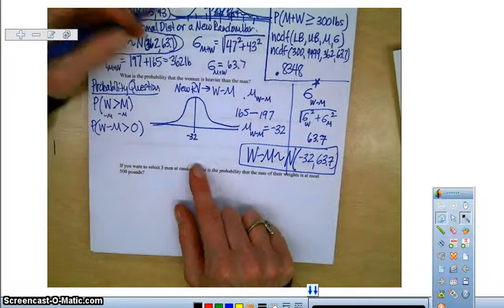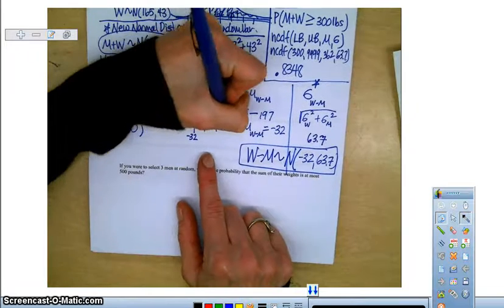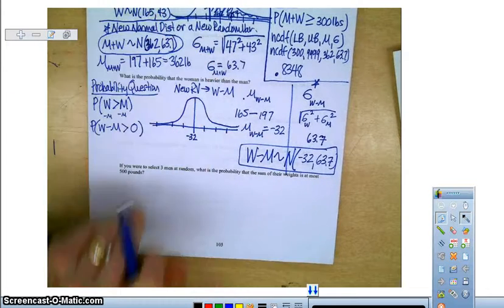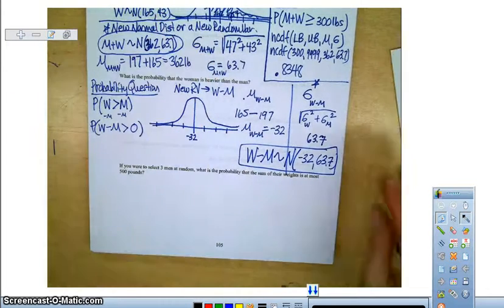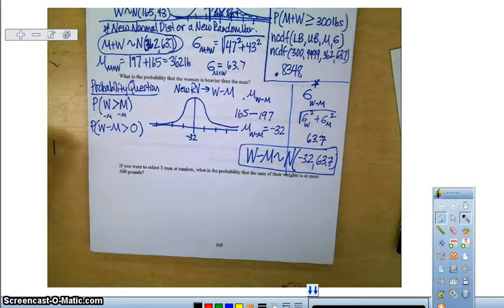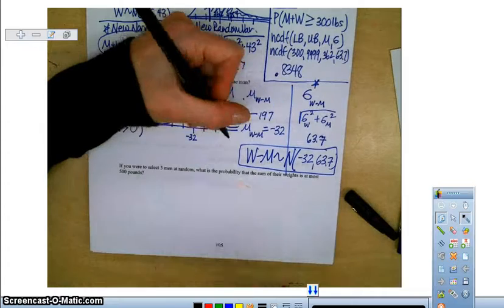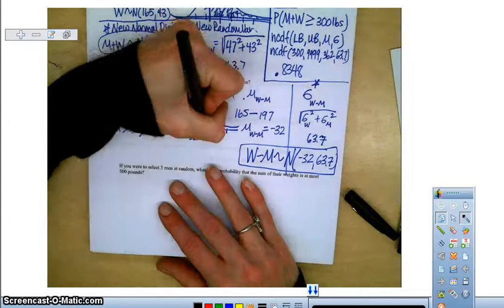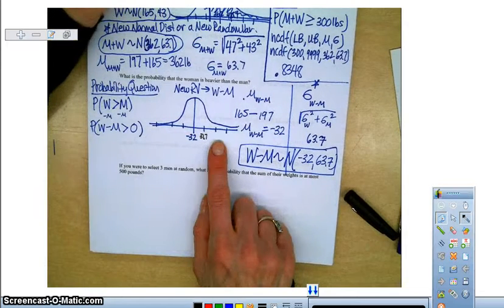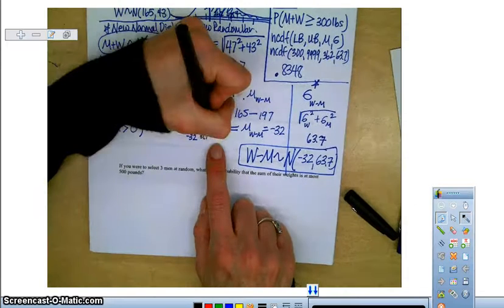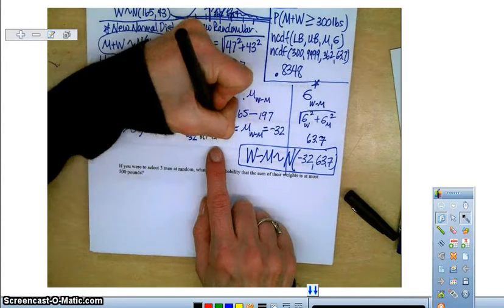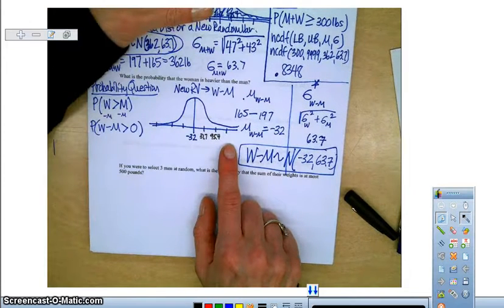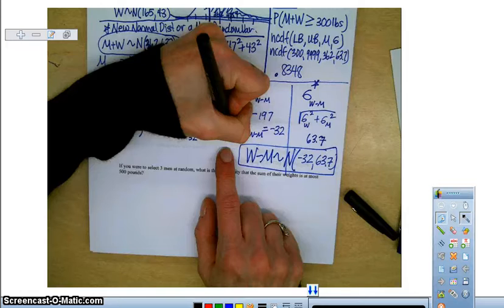I need your help. Get your calculators going and find the standard deviation labels. Negative 32 plus 63.7. Louder, please. 31.7. 31.7 plus 63.7 again. 95.4 plus 63.7 again. 159.1.